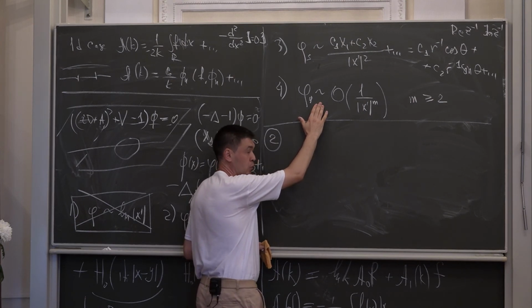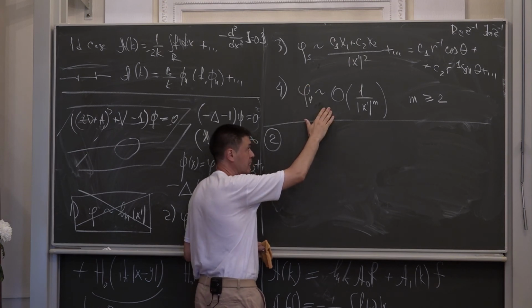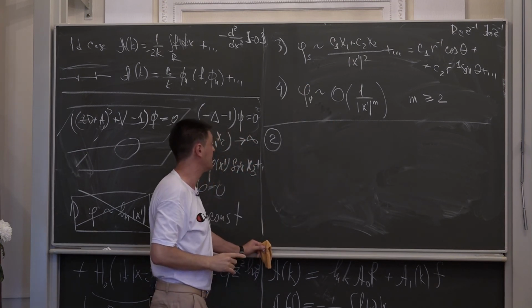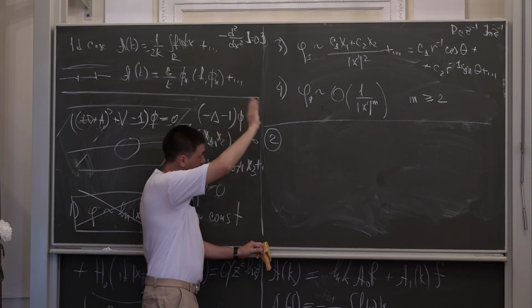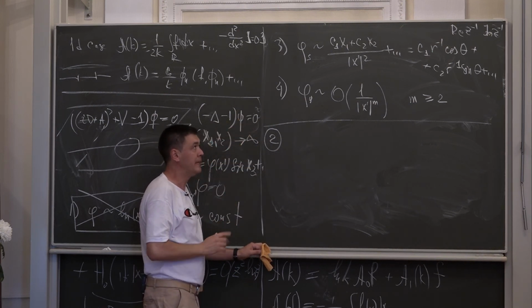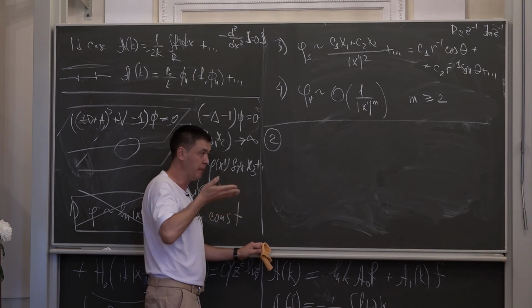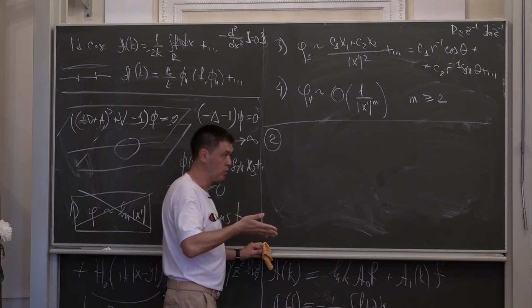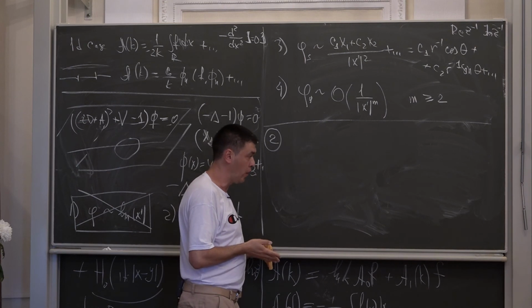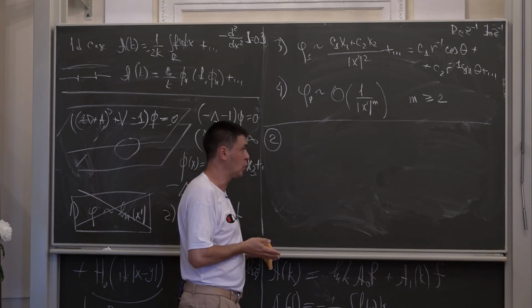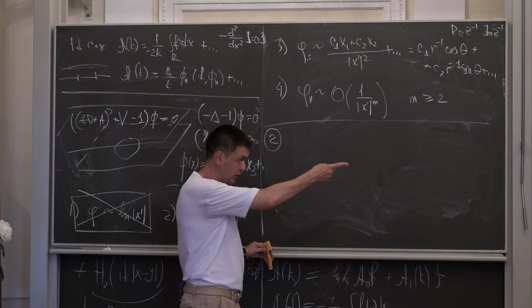This was proven. So if we have an embedded eigenvalue, it's of finite multiplicity. We can have any combinations of these solutions, and each of these solutions makes its own contribution to the function u.